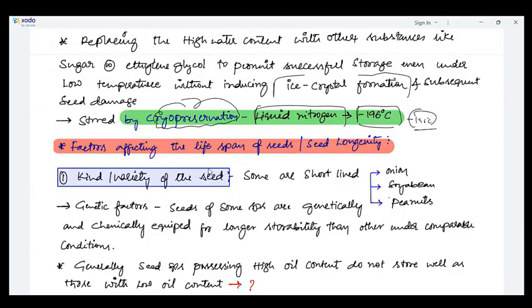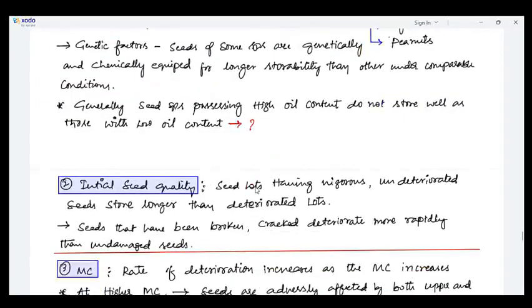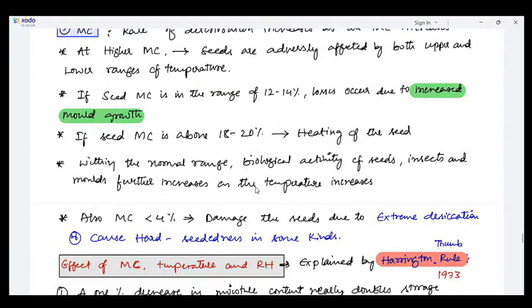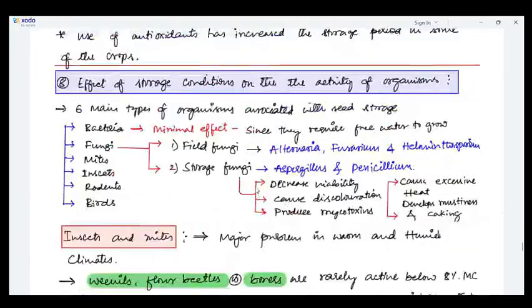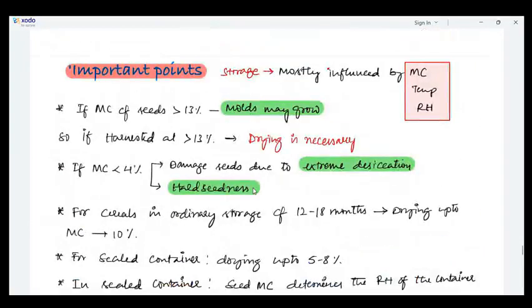So there are certain factors which influence the lifespan and longevity of seeds. I have mentioned them; I can just go through them once. These important points which I mentioned here are very important for you all.